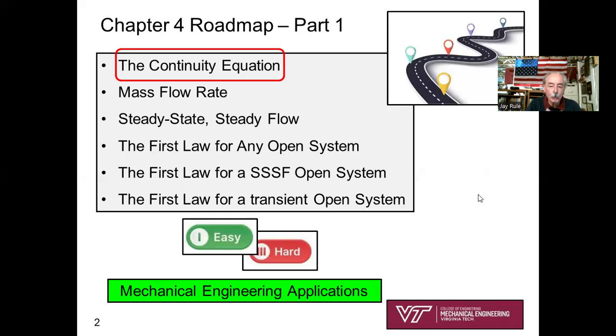I'm going to carefully help you get through different statements of the first law, but it's all the same fundamental. It's a statement of conservation of energy, very similar, but not exactly like the first law of thermodynamics for a closed system.